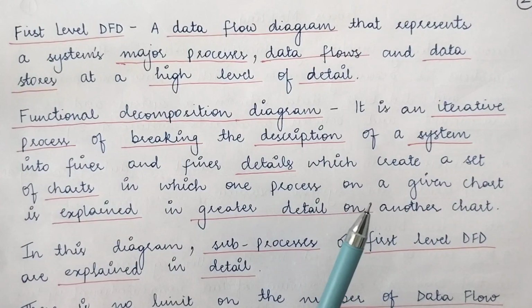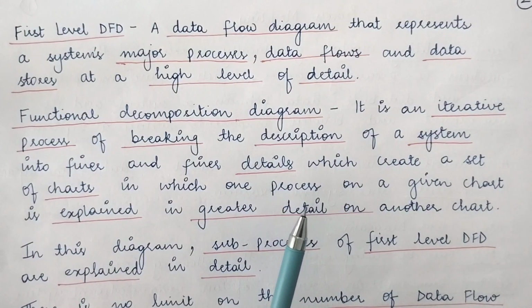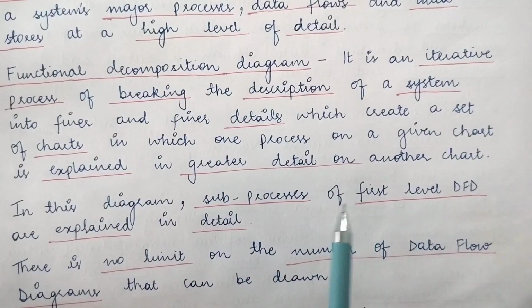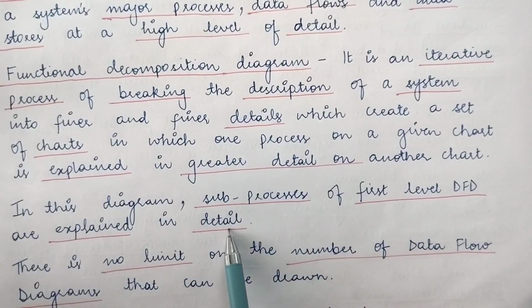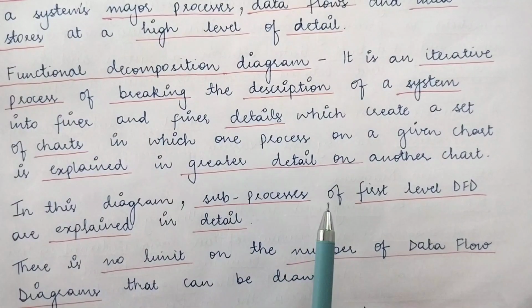So if you have several processes, there will be an explanation of each process in a separate chart. One chart for the explanation of one process. Basically each process is described at a finer and more detailed level here. In this diagram, the sub processes of the first level DFD are explained in detail. In the first level DFD, we are concentrating only on the main process, and not on the sub processes.